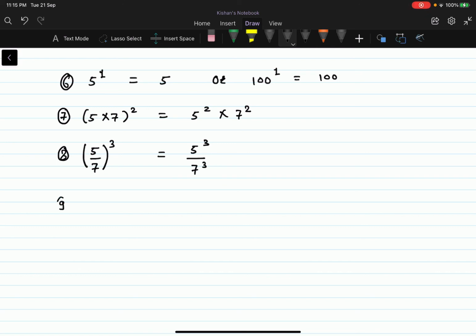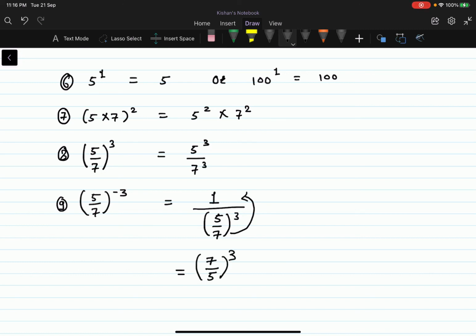Ninth example, 5 divided by 7 raised to minus 3. How can we write this? 1 divided by 5 divided by 7 raised to 3, and now we will move this 7 to the numerator. Therefore, 7 divided by 5 raised to 3. That's it for this video.